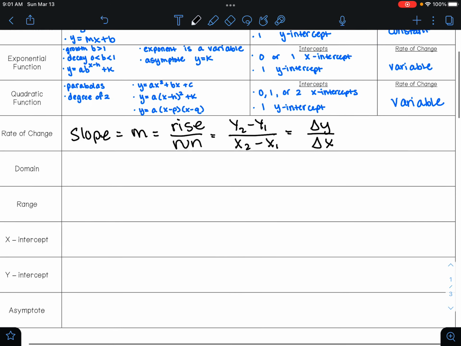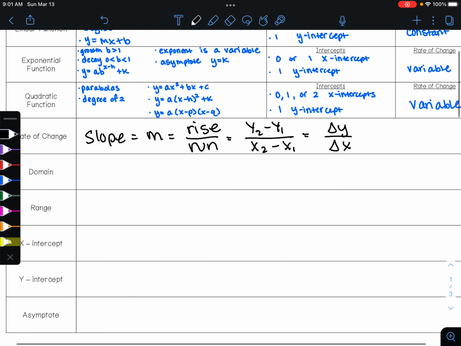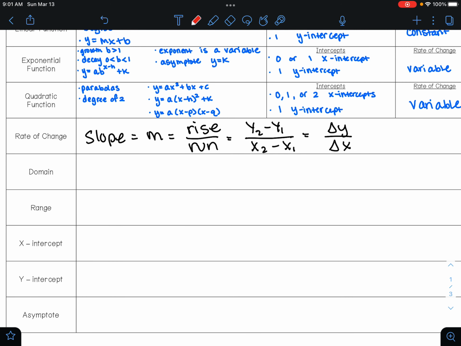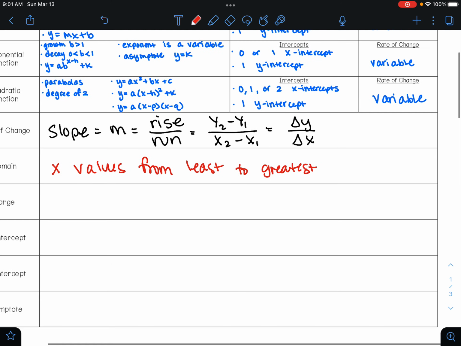Your domain are your x values from least to greatest. If you are looking at a graph, it is from left to right.